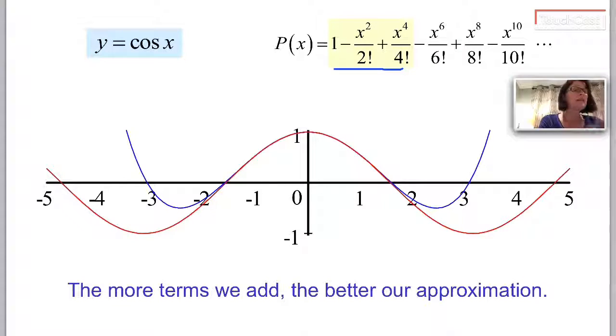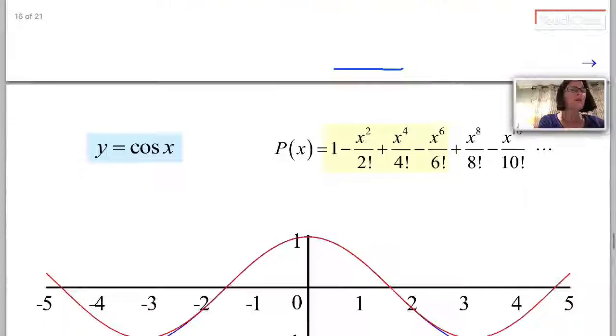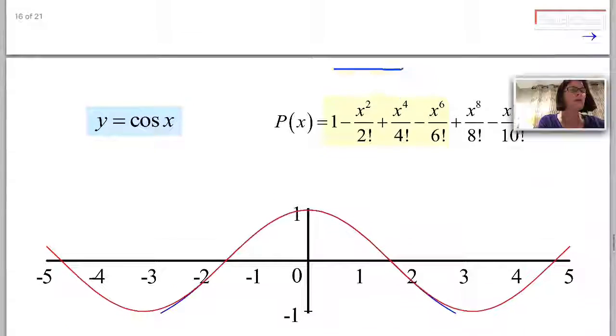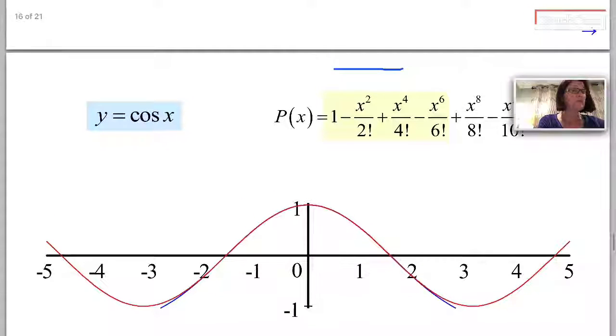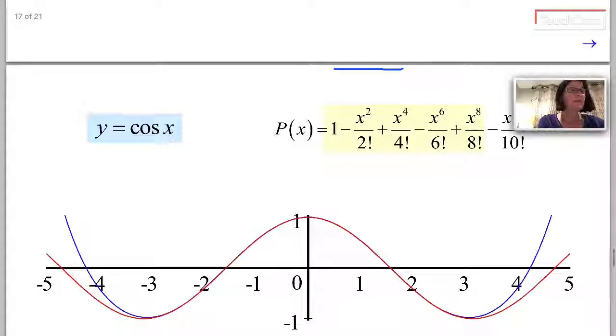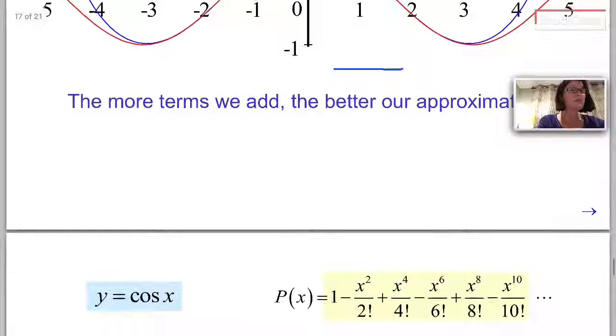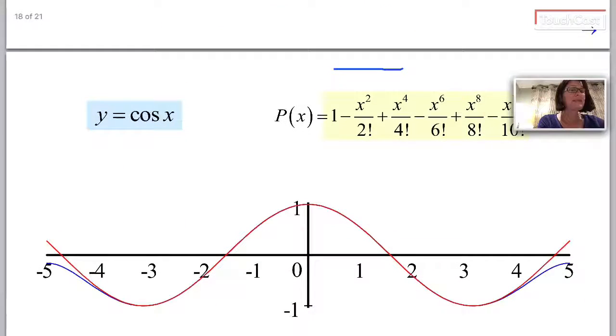The red is the actual cosine function, and the blue is my polynomial approximation. So check this out. That's 4 terms. That's 5 terms. That's 6 terms. Look, those match so closely you can't even tell them apart until the very end over here.